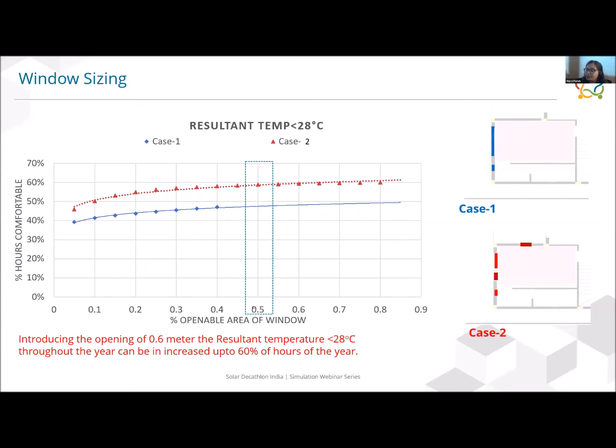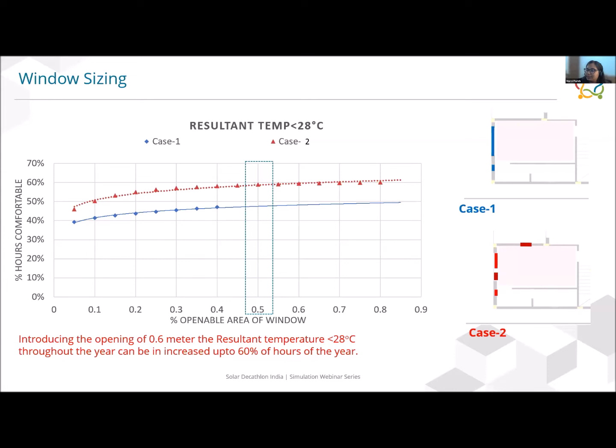So what we did here was we provided this sort of setup, these windows, to improve the natural ventilation and the cross ventilation in the space. And what we saw was that we could provide an opening ratio, meaning how much of the window can be operable, of 0.5. So sliding windows would work here, because beyond 0.5 there was very little increase in terms of percentage of comfortable hours.